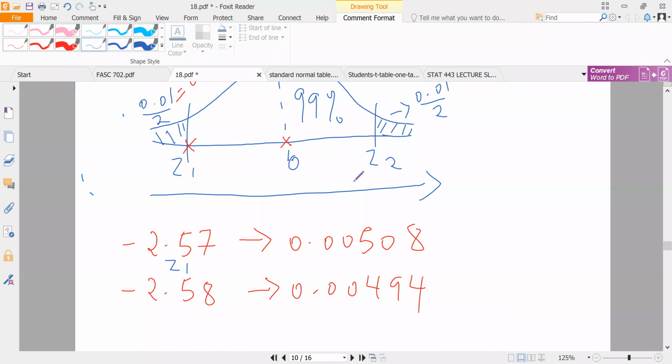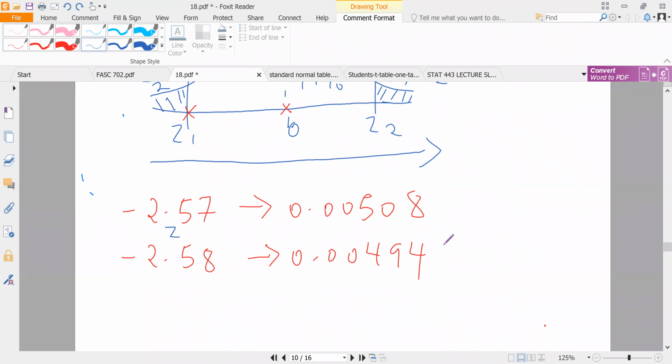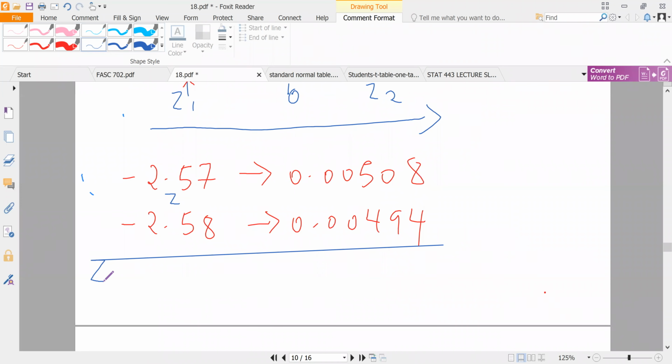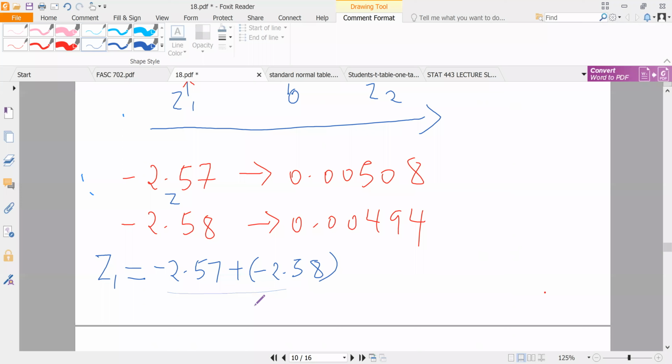So in this case, Z1 is the average of minus 2.57 plus minus 2.58, divided by 2.